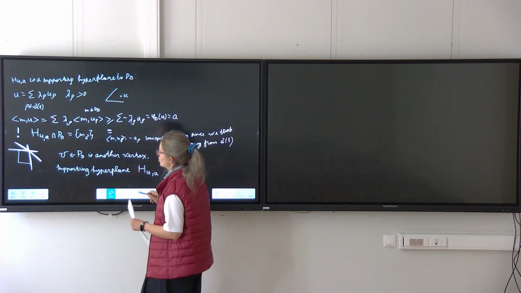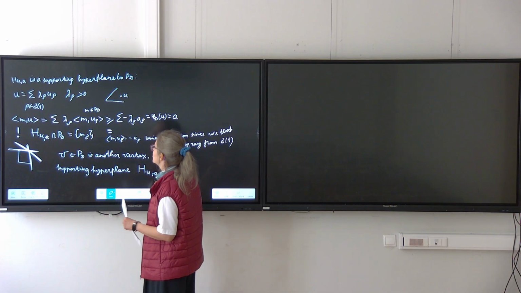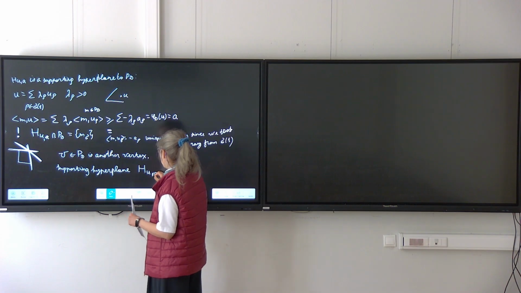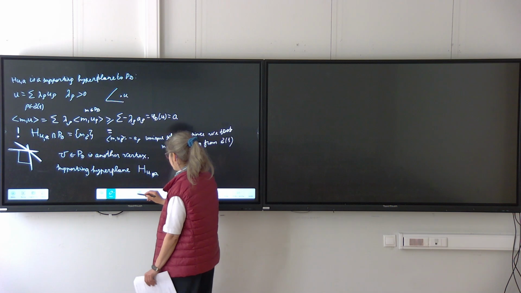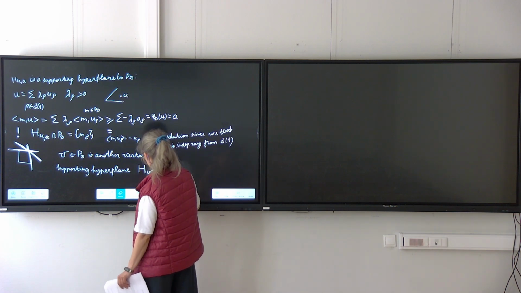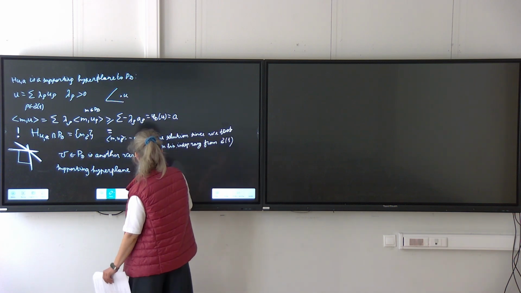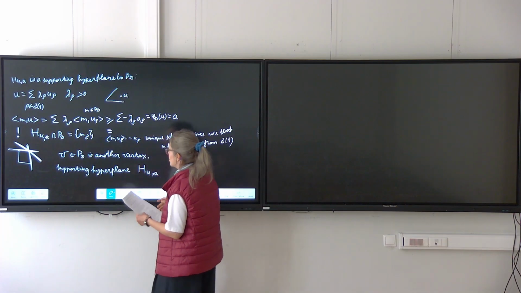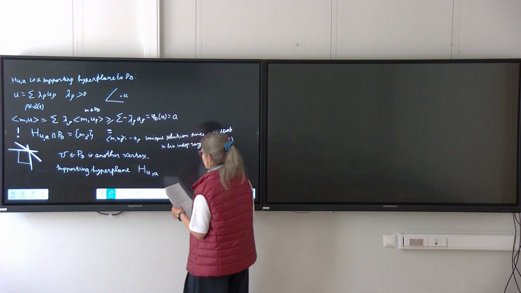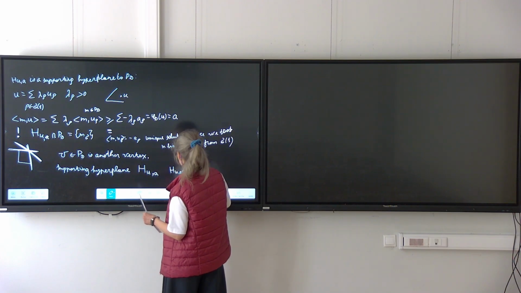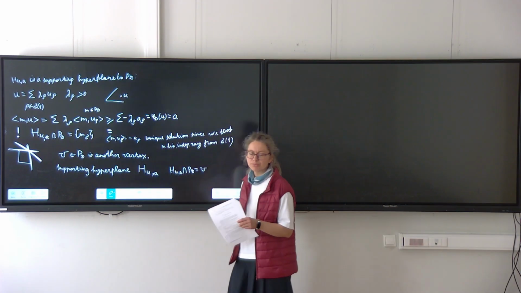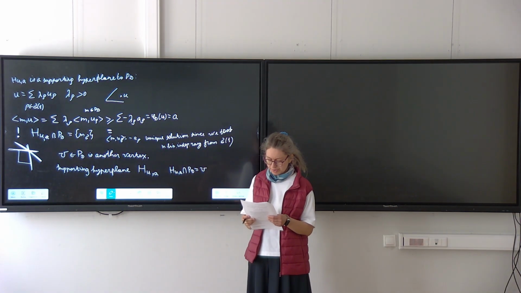Also, the scalar product with U is greater or equal than A. But now A is just any real number. Okay? And the condition that it is a vertex is that H_{U,A} intersected with P_D is only V. Okay.